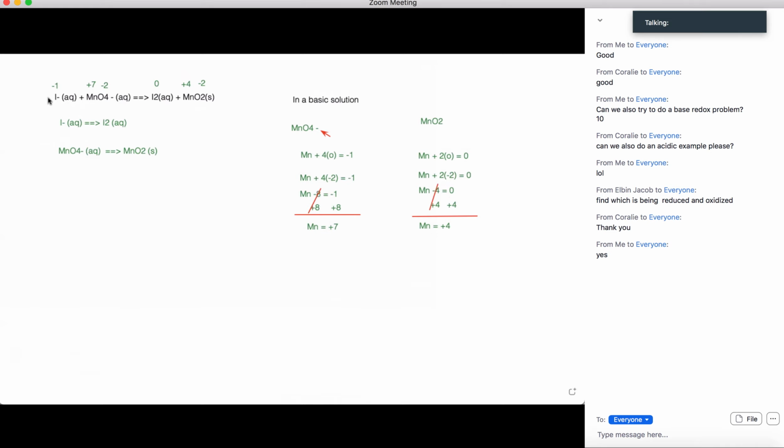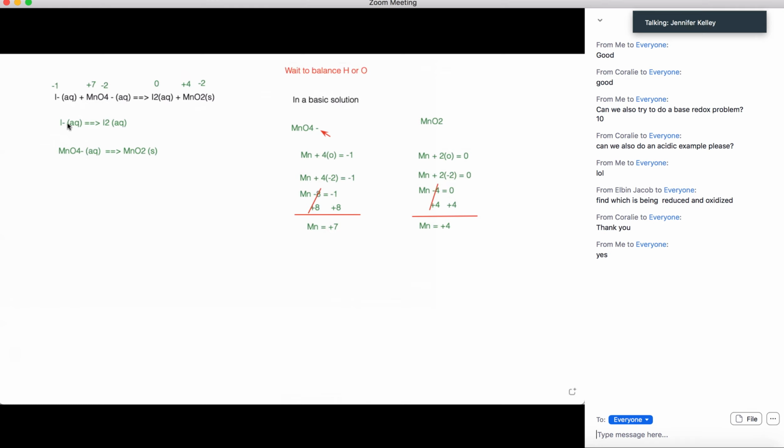All right. So now what we're going to do is make sure that there are enough of everything on either side. We're going to wait to balance any hydrogen and any oxygen. So I'm going to put that at the top. Let me change colors again.